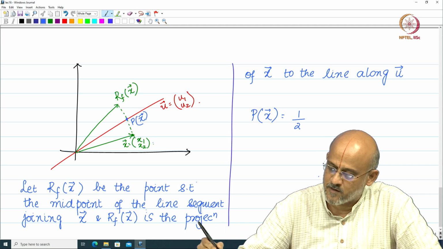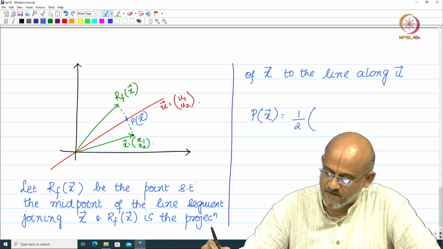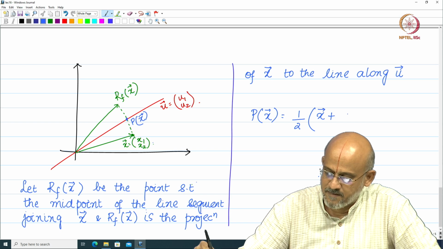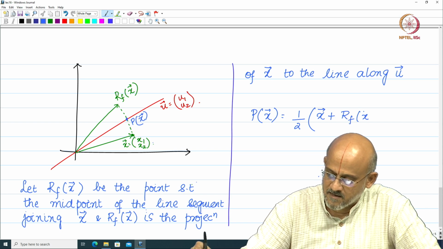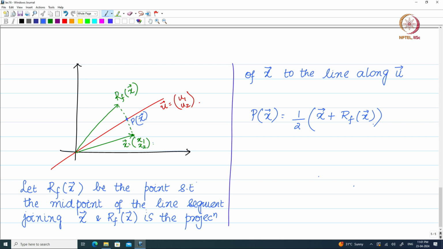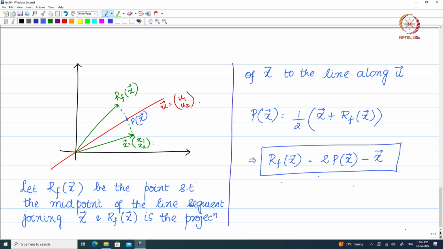Which implies RF of x, reflection of x, is nothing but 2 times the projection of the vector x along the direction of u, that means the projection of x on the line defined by the vector u, minus the x vector. So, this is going to be my reflection transformation, right.